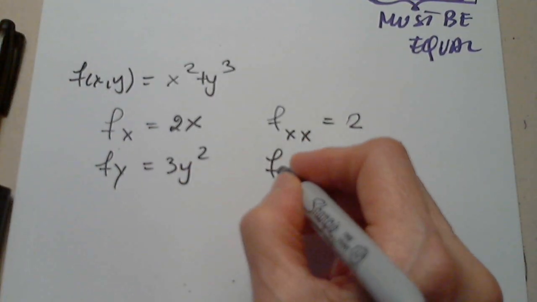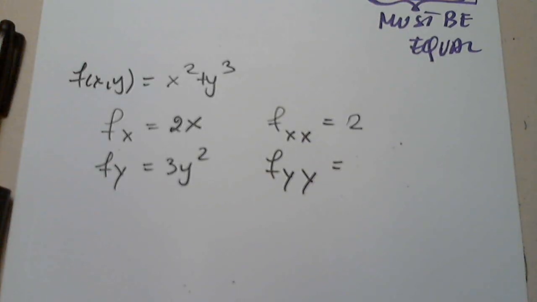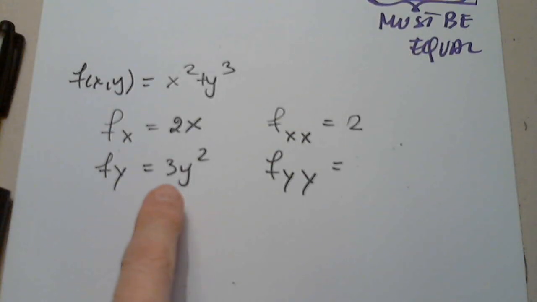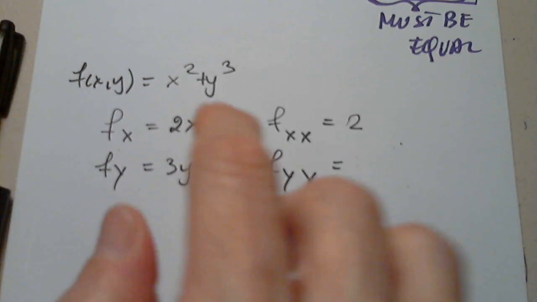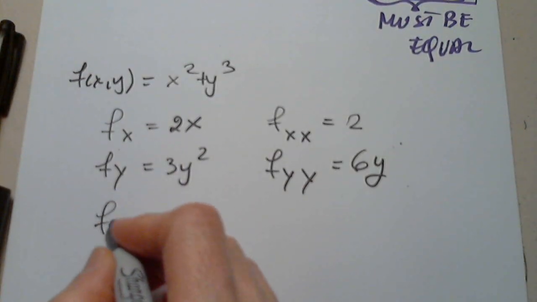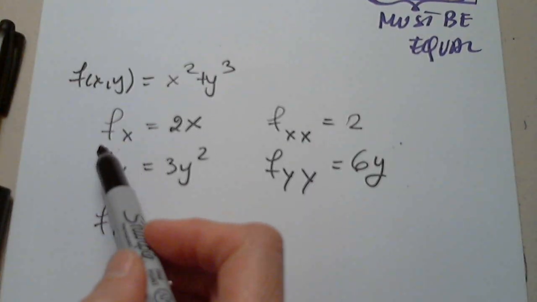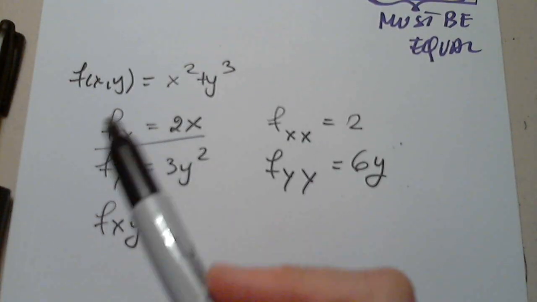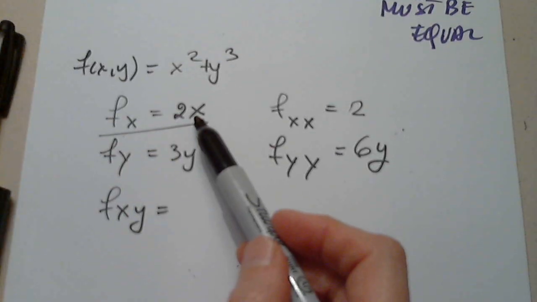Can anyone give us fyy? Six. 6y. Very good. And what about fxy? It means that I differentiate with respect to x the first time, and now I differentiate with respect to y.